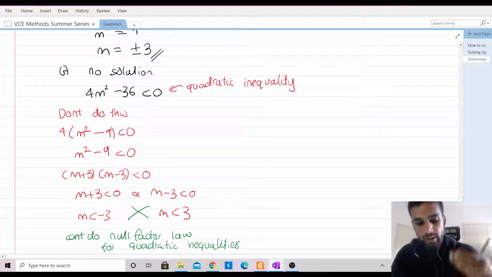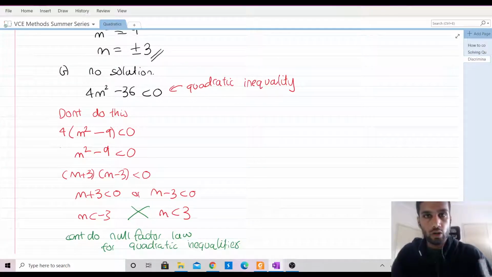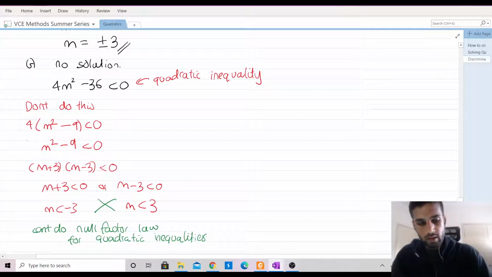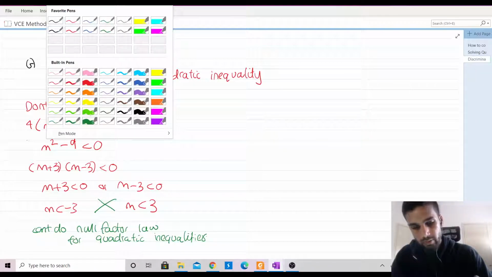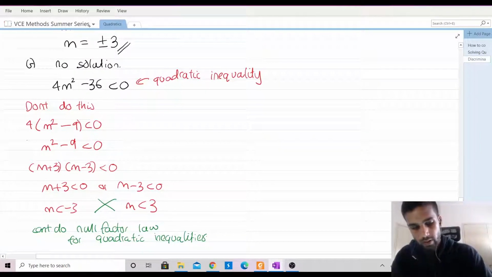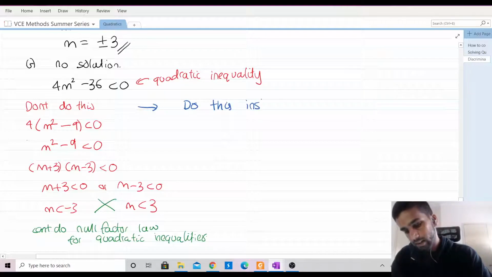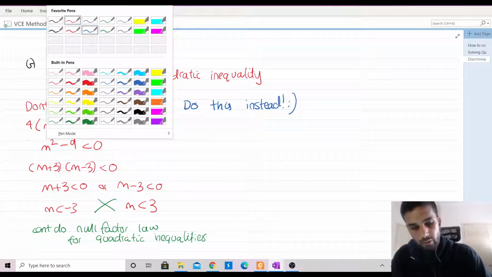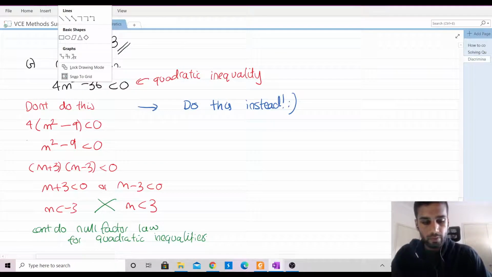What we have to do instead is to do a sketch of the graph. So let's put in blue. Do this instead. First we're going to do a little sketch of the graph.